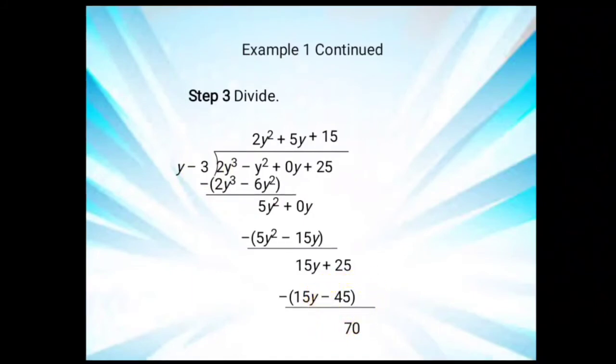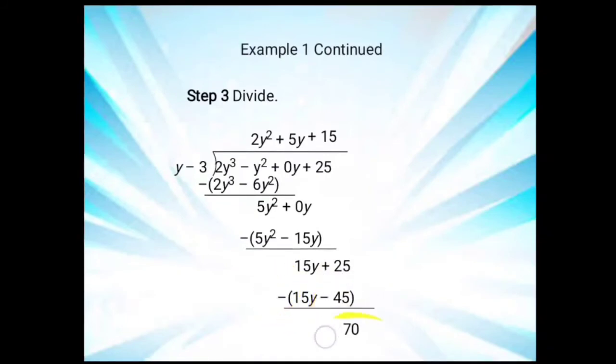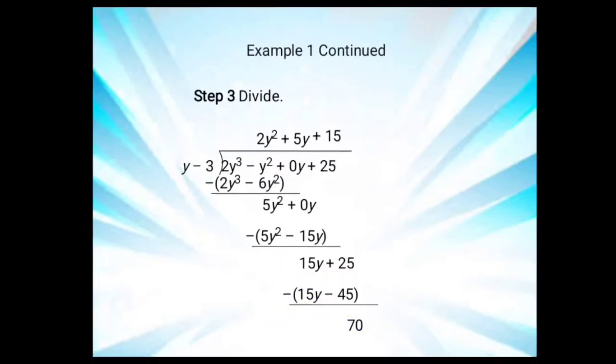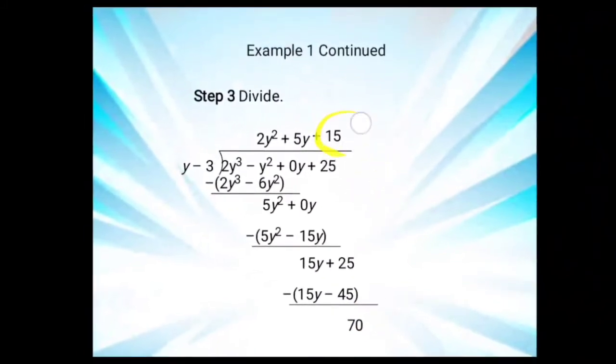Then proceed to subtraction. 15y minus 15y is 0. Then 25 minus negative 45. So keep, change, change. Keep, change to addition, change to positive. So 25 plus positive 45 is positive 70. In this case, we don't have any term here, and on our quotient we have the constant.